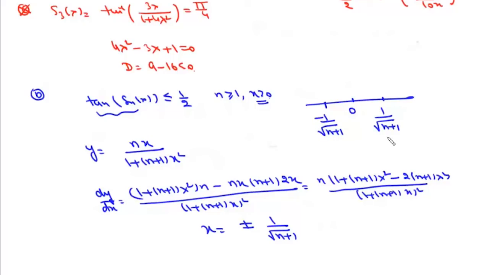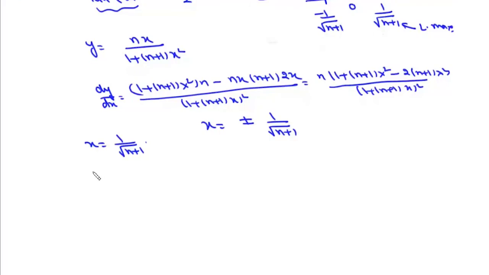Now rightmost it is minus and then it is plus. So we'll have a local maxima when x is 1 upon under root of n plus 1.